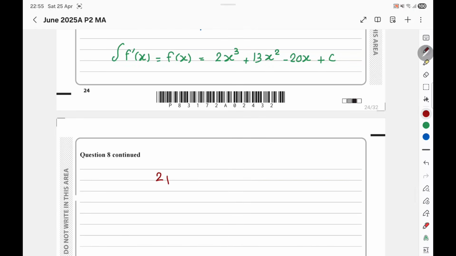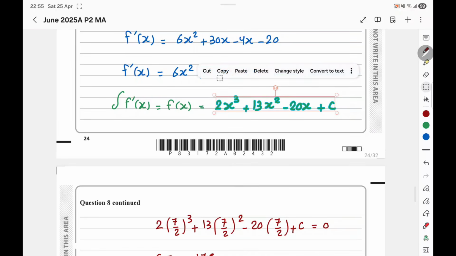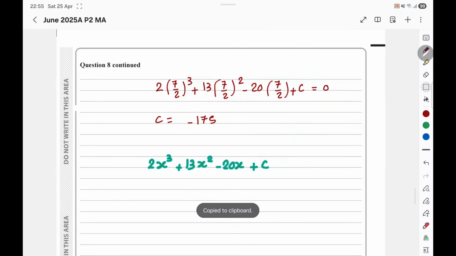Substitute x by 7 over 2: 2 times 7 over 2 to the power of 3 plus 13 times 7 over 2 to the power of 2 minus 20 times 7 over 2 plus the constant c equals 0. Move all that to the other side and you will find c to be negative 175. This is f of x. Now f of x is equal to 2x cubed plus 13x squared minus 20x minus 175.